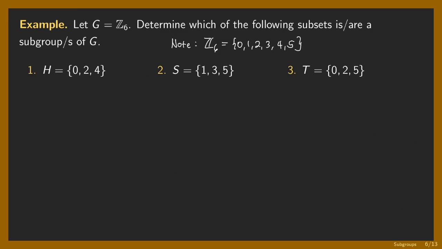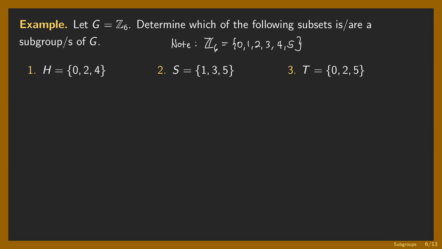Number 1. Let's consider the subset H, which has 0, 2, and 4 in it. How do we know if H is a subgroup? By checking H1, H2, and H3. Now, because these sets are only finite, one of the techniques is that we could just construct its Cayley table, because the Cayley table contains all the information that we need in the group.